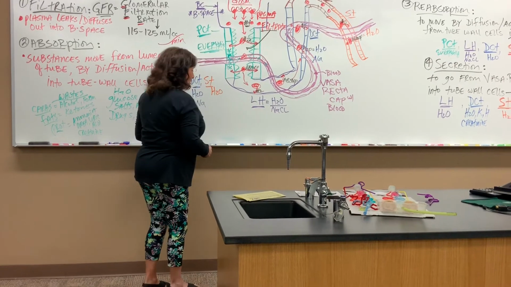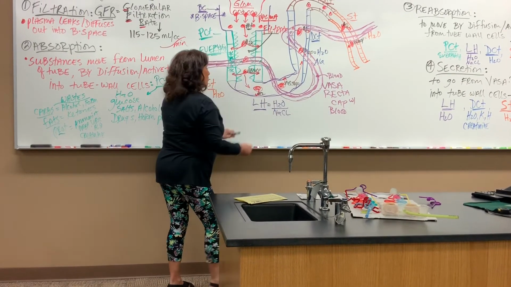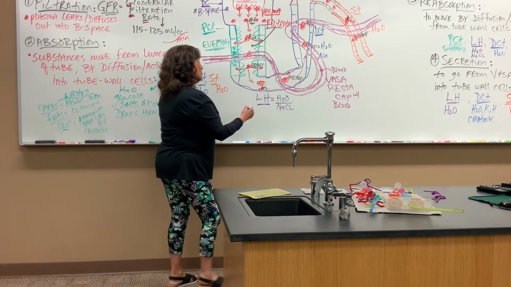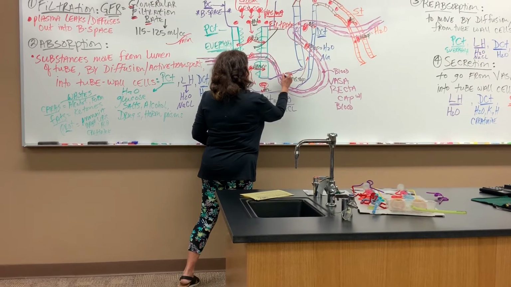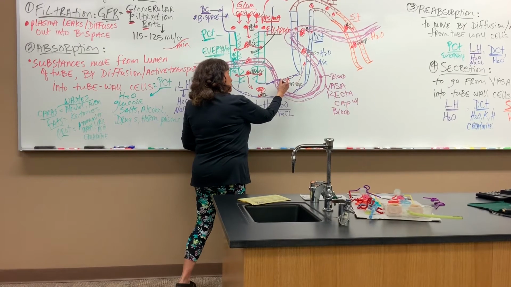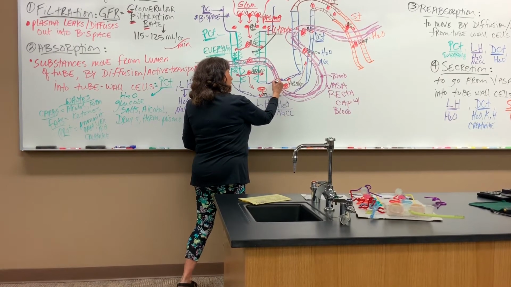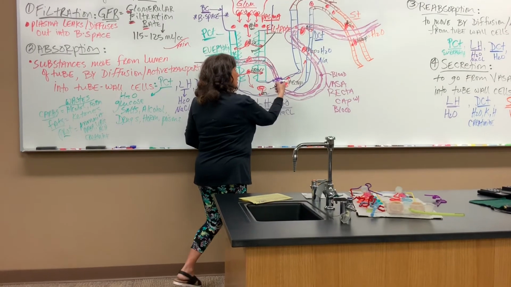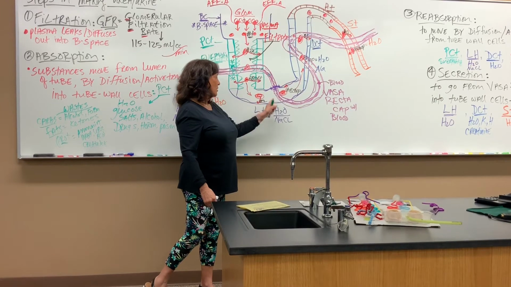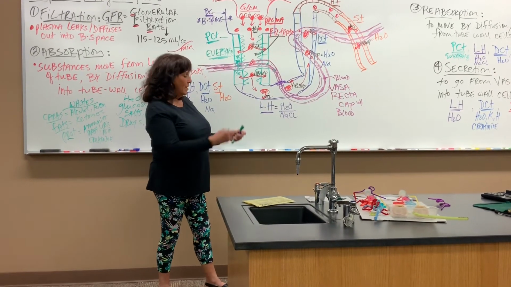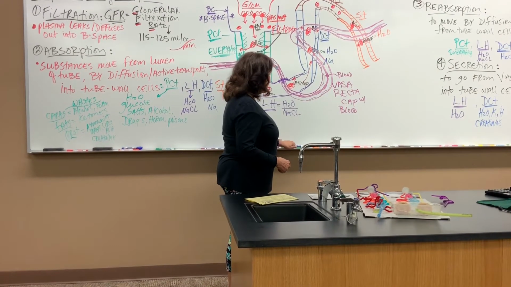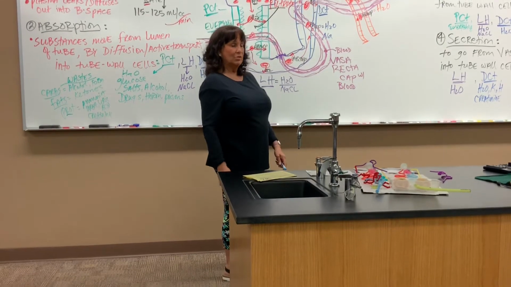Now if we're down here in the loop of Henle, what are we going to reabsorb? Water and salt. Here's some water and salt in these cells, and then it can move through the wall to get back into your bloodstream, right there. So you're reabsorbing it. It can't be on these cells, because there's no capillary sitting on top of them. And when we get over here to the DCT, all the DCT is going to put back is water.